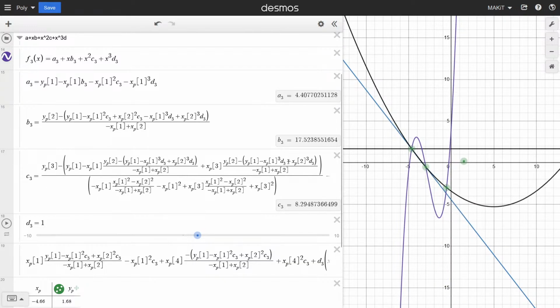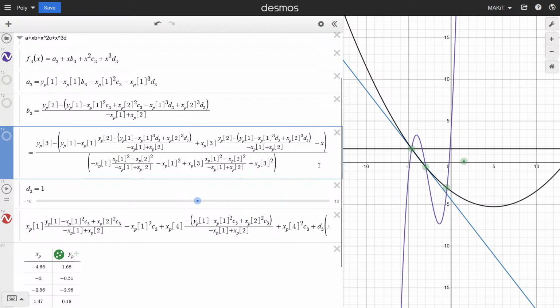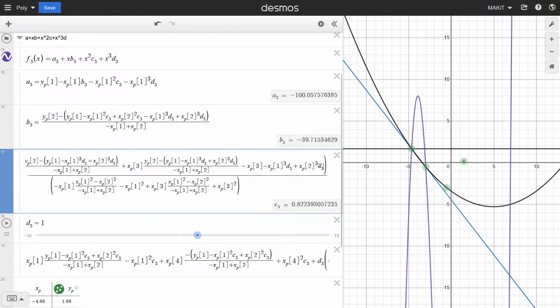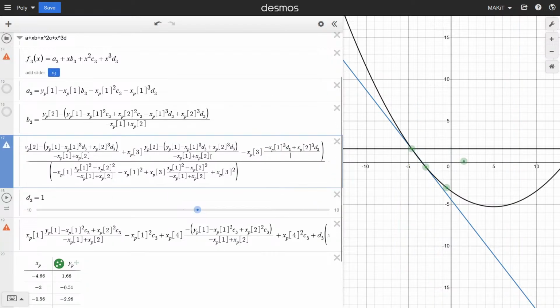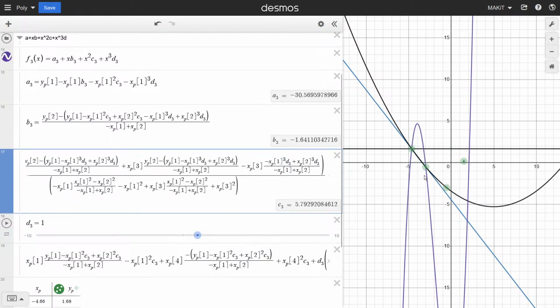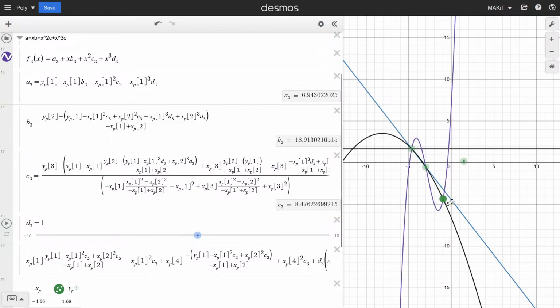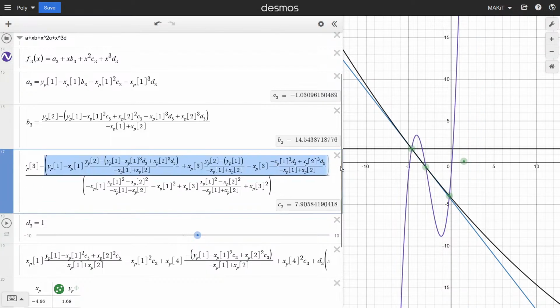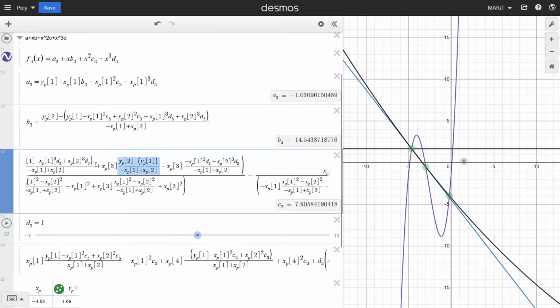Now if we do, this would be minus xp3 divided by this. It doesn't work because I haven't taken out that. There we go, festive. And now we just copy this thing, except with a plus.